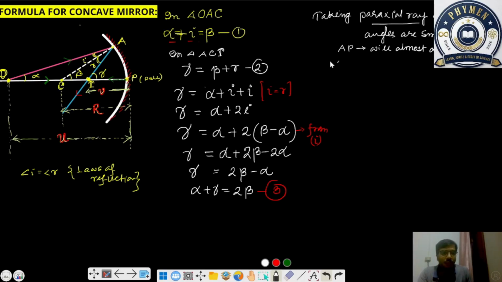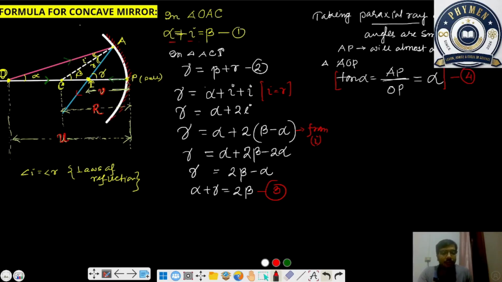Now from this triangle AOP, we have tan of alpha equal to AP by OP, right? And this we can write as alpha, because it is the small angle approximation, Paraxial ray. So we can take this as alpha. Let me take this as equation number 4.